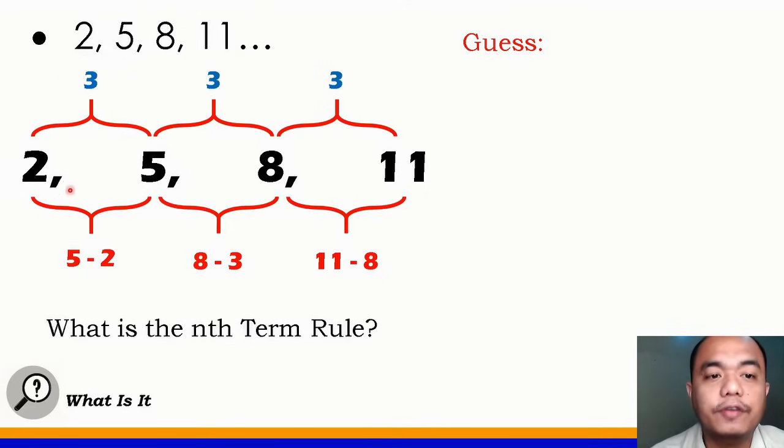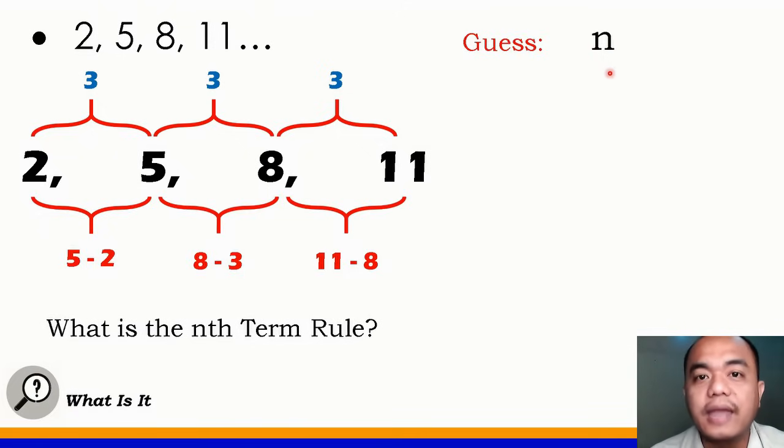We have here the first term. First term stands for 1. Paano natin makukuha yung 2 gamit yung 1? Gamit yung common difference. Yes! Siguro, pwede natin gamitin yung 1, i-add natin sa ating common difference. So again, let us try to check it.